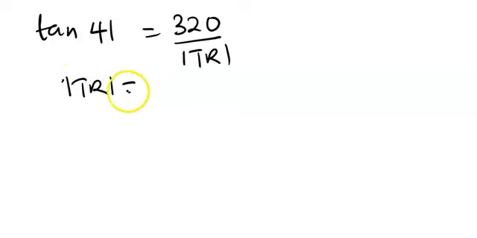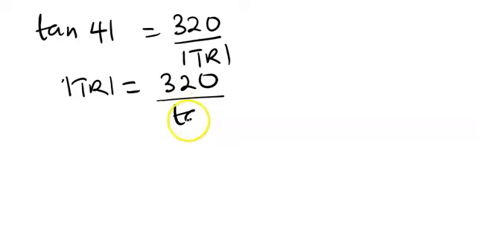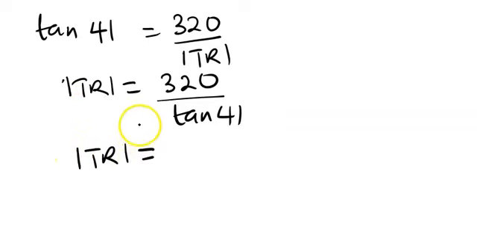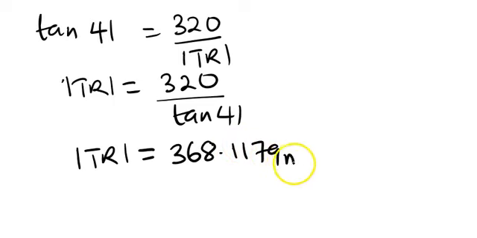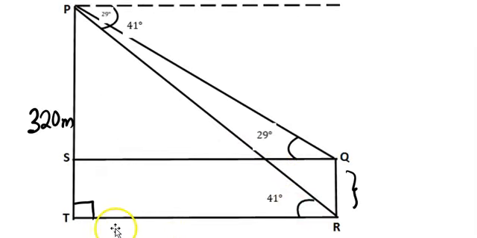TR becomes 320 divided by tan 41. Now when we simplify, TR becomes 368.1179 meters. So this is the distance of TR.